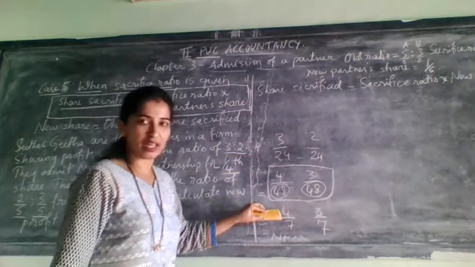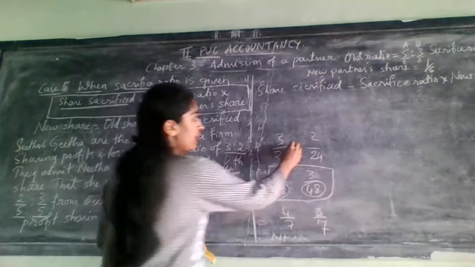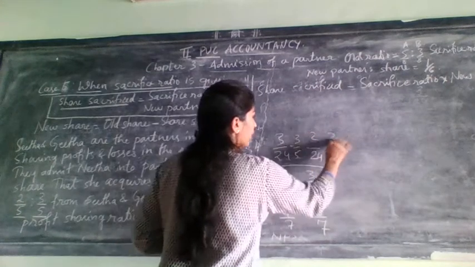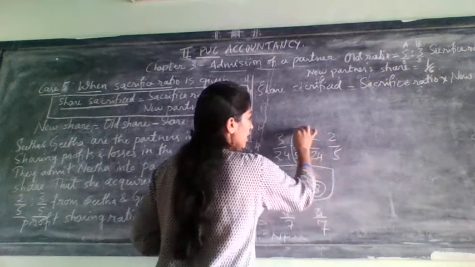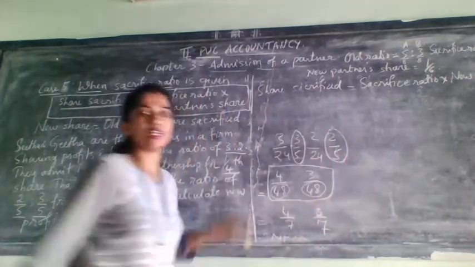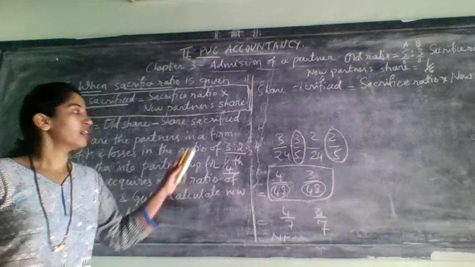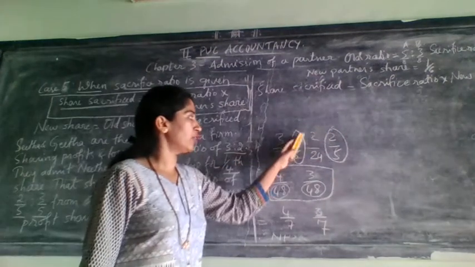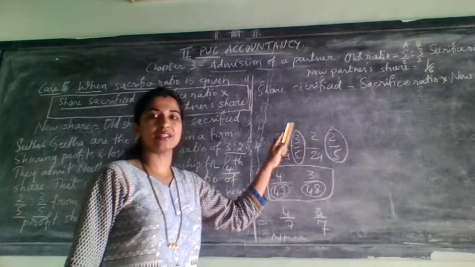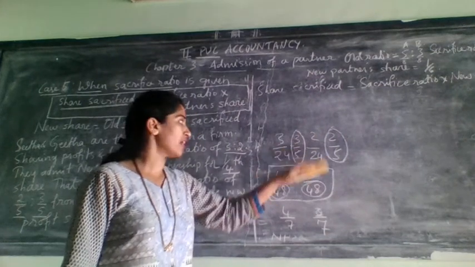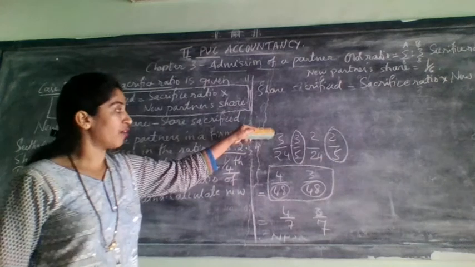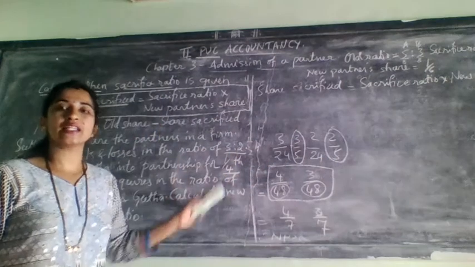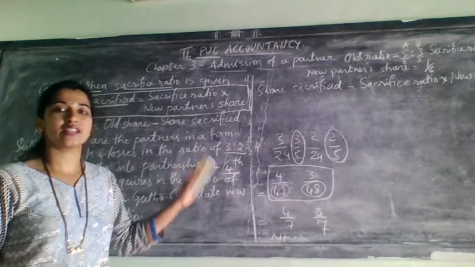If they add 3 plus 2 is equal to 5, that is 3/5 and 2/5, this is considered as ratio and not sacrifice share. Remember, when you add the numerators and get the denominator, that is considered as sacrifice ratio. If they have given 3/24 and 2/24, then it is considered as share sacrificed.